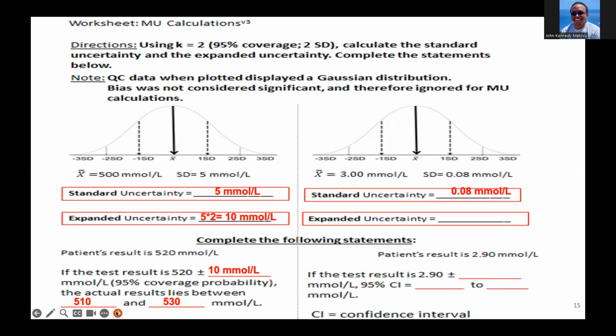And then for the expanded uncertainty, I got 2 by 0.08, which gave me 0.16 millimoles per liter. And then the test result is 2.90 plus or minus 0.16. The 95% confidence interval became 2.74 to 3.06 millimoles per liter.